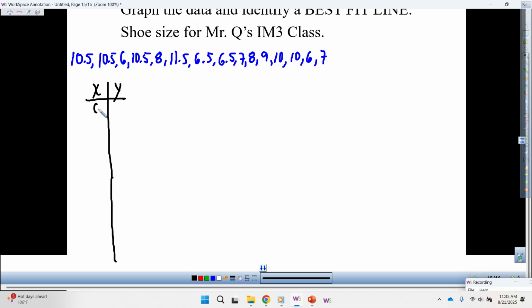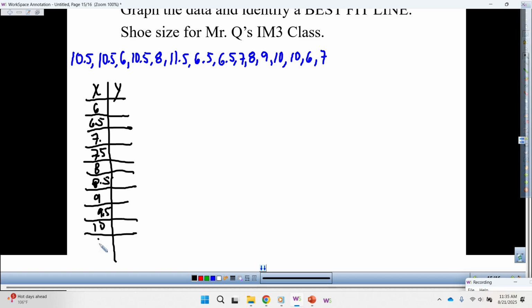So I would start at 6, then go to 6.5, 7, 7.5, 8, 8.5, 9, 9.5, 10, 10.5, 11, 11.5. And I think that's the highest number, right? All right. From there, pay attention to the next step. I'm going to tally for each one of those.